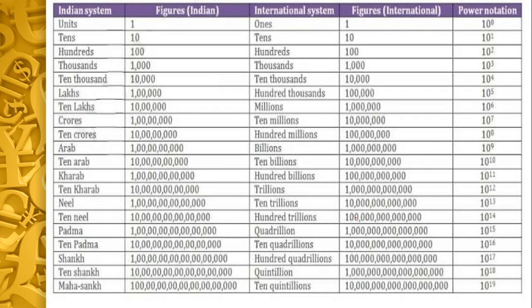Now, so much is not necessary. Up till 10 crores, if you know, it is more than enough. That is, up to 10 to the power of 8, up until the point where you put 8 zeros, you should know in both the systems.